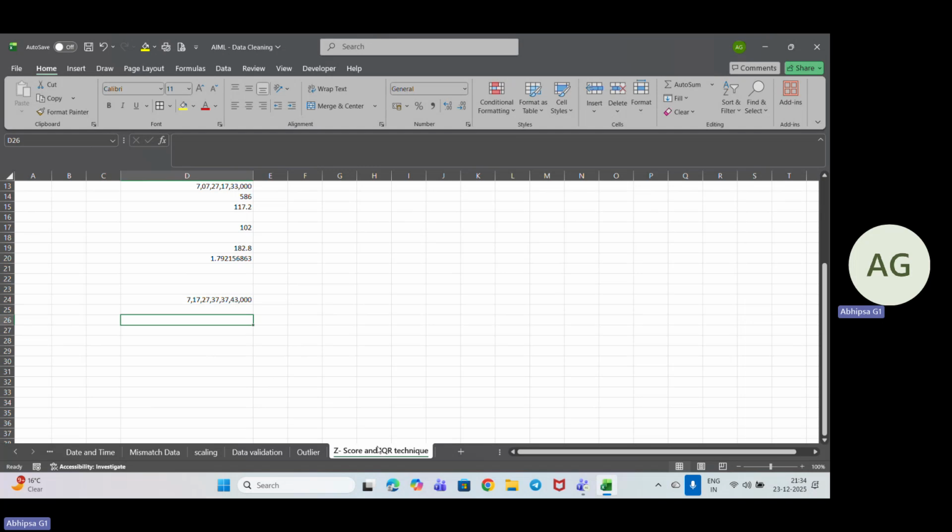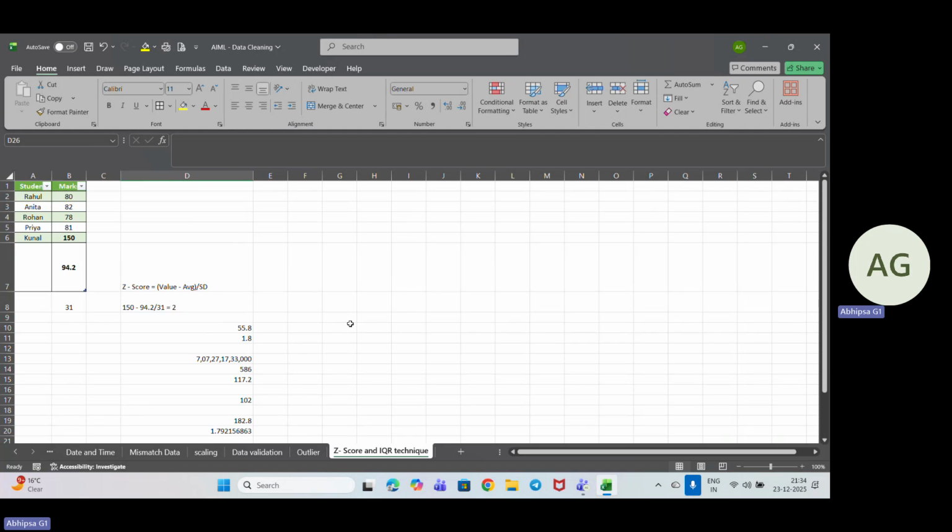For the IQR method, let's enlist the student marks first: 70, 72, 75, 78, 80, 82, 85, and 300. Right? So these are the values that we have taken.